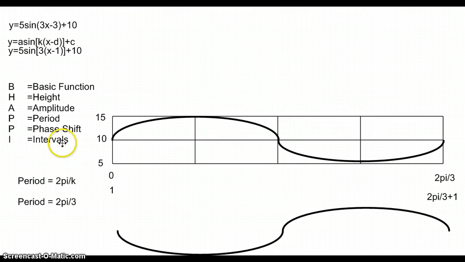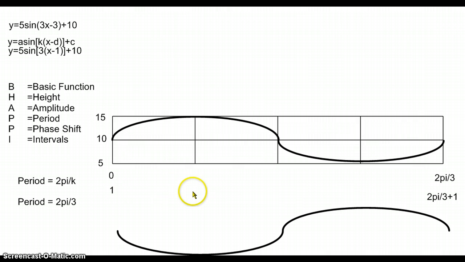Then we need to look at the intervals in order to know where the maximum, the axis of the curve intersection again, and the minimum lie. So if you notice, how many intervals do we have in here? We have 4 intervals, and we take 2 pi over 3 plus 1 minus 1, divide that by 4, or we take simply the period, which is 2 pi over 3, and divide that by 4, and we will get 2 pi over 12, and that will be the value we will add to 1.